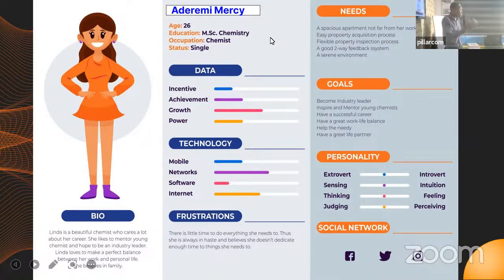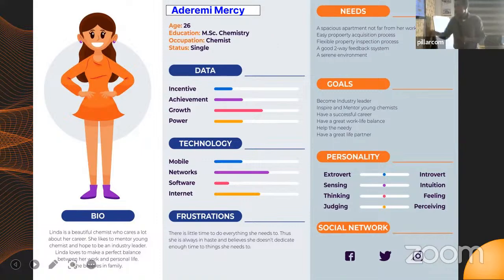How does she think, feel, judge, and perceive things? All these things are what we are interested in. What about her social media handles? Is she on Facebook, Instagram, or TikTok? This is how a buyer persona is created.